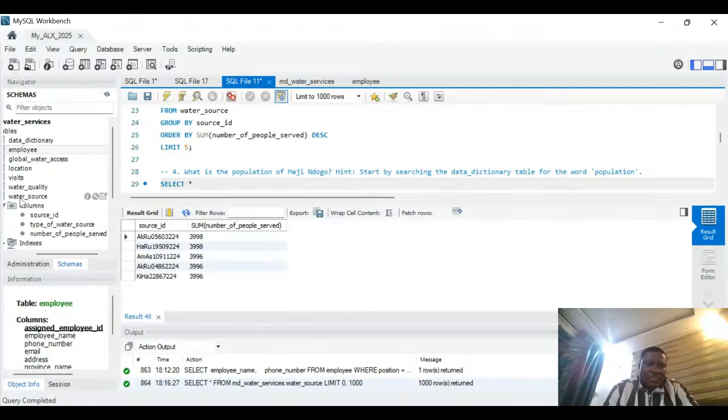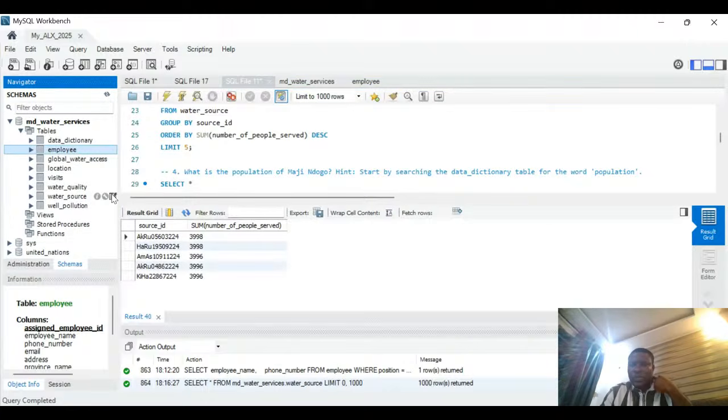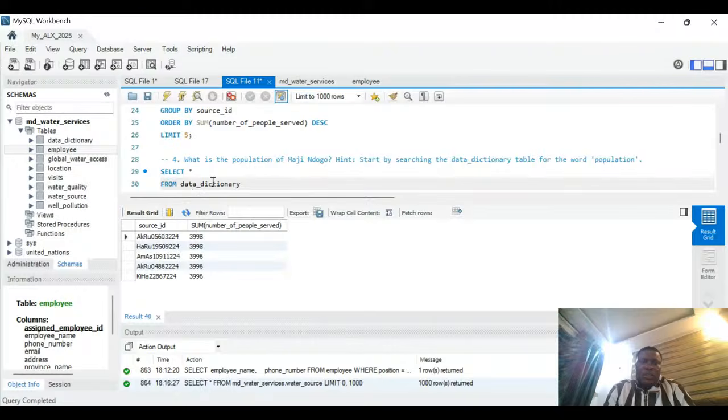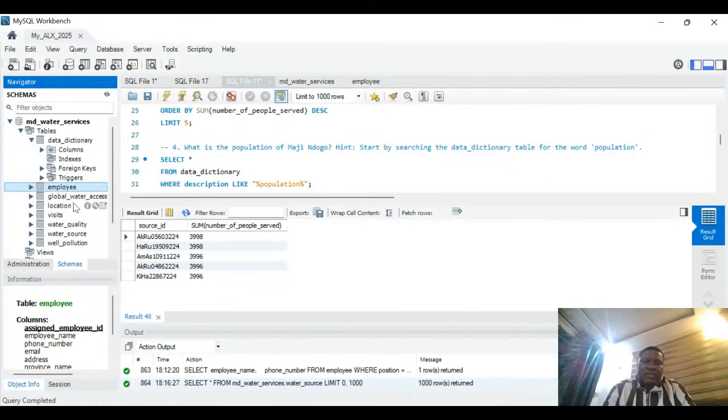So we are asked that we should look at the data dictionary table and then look for the word population, which will give us an idea where we can find our Maji Ndogo. So this is the first query that I wrote. I select all from the data dictionary where the description, because the data dictionary actually has a column by name description.